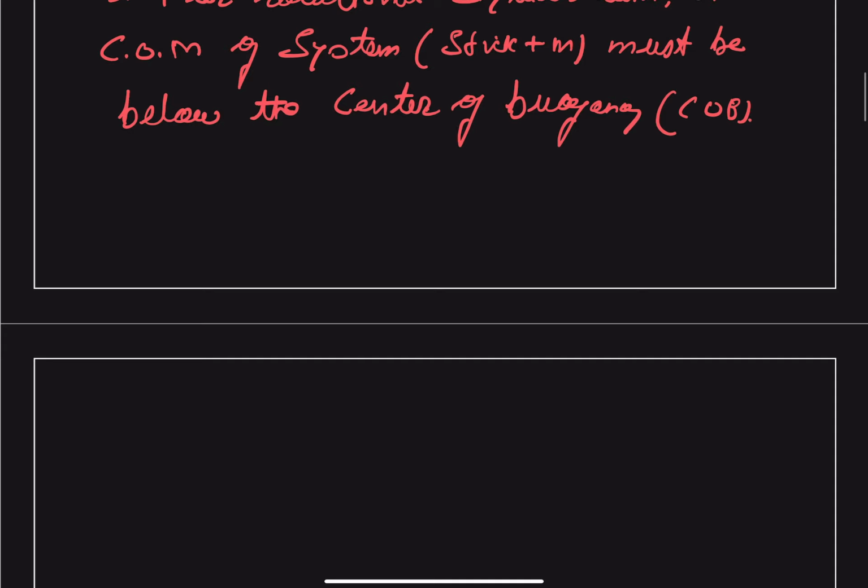So the center of mass, that is our COM, will be the weighted average location of the system mass.